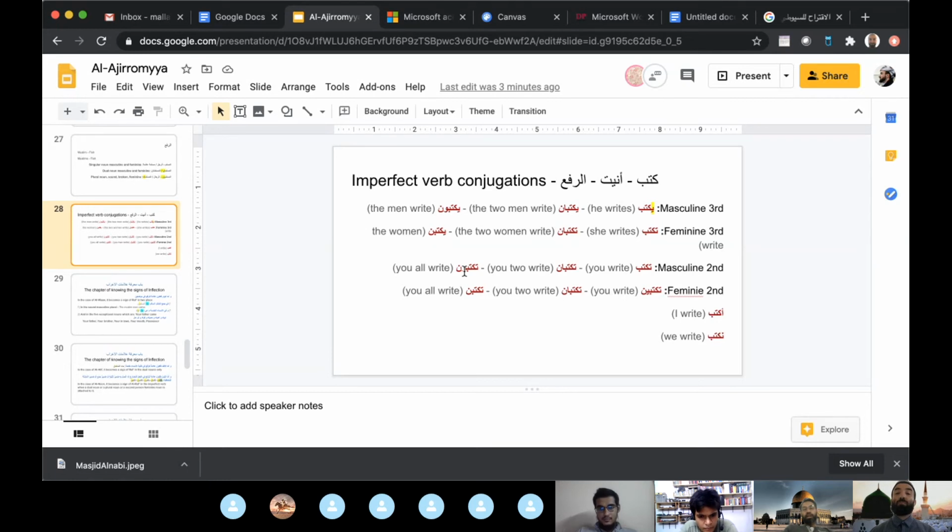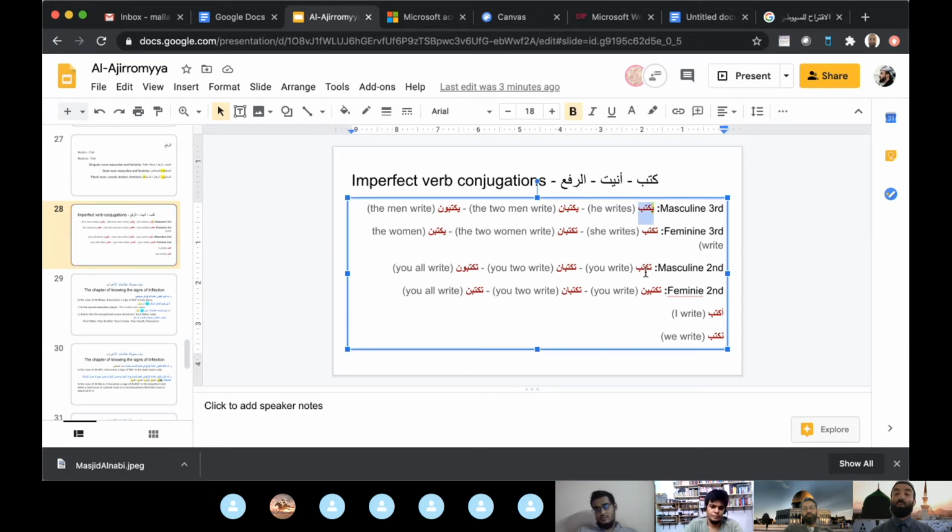These are being attached to the end of the verb, right? The verb by itself without anything attached to it is yaktubu, for example, or taktubu, aktubu, naktubu. These 5 are the verbs that have nothing attached to their end.